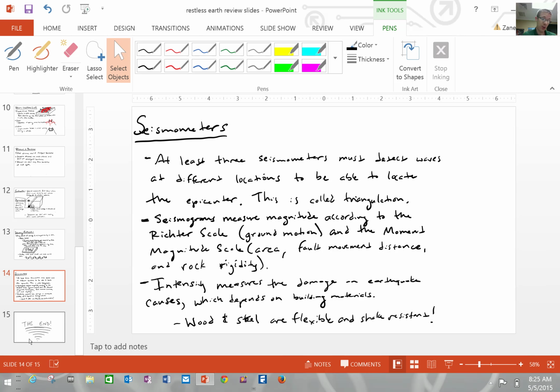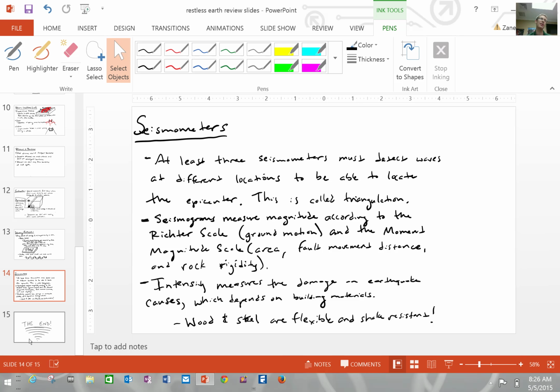We also measure earthquakes according to how intense they are. Now, it's not really scientific to measure earthquakes' intensities because it's more a social impact that's measured. So intensity just measures how much damage occurs. Even if earthquakes are the same on the magnitude scale, let's say in Africa or in the United States, it doesn't exactly mean that their intensity is going to be the same, because intensity measures damage.